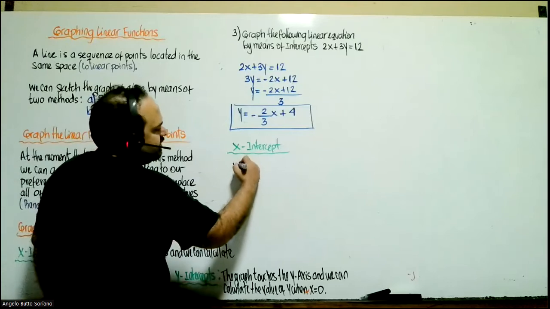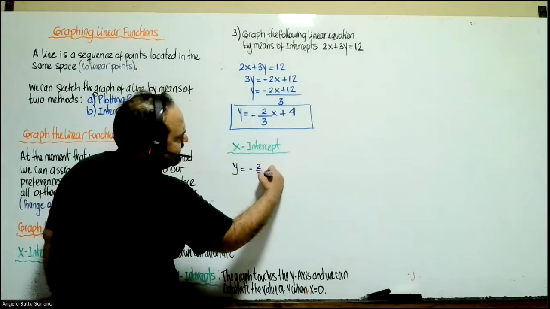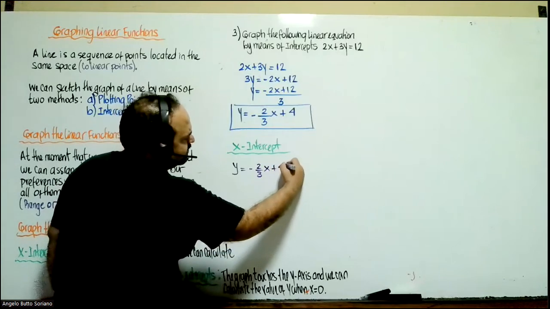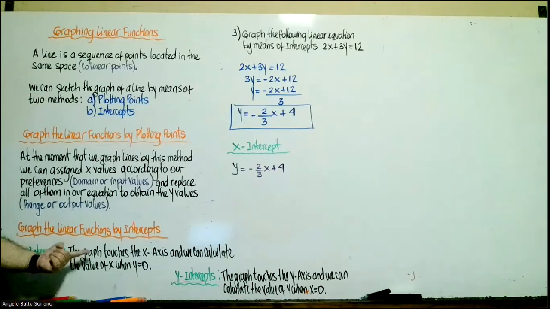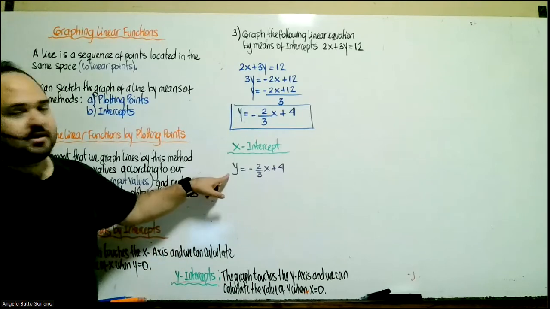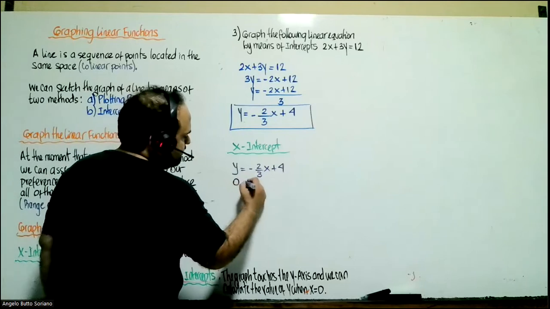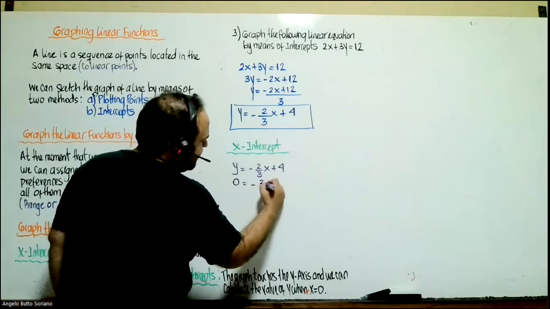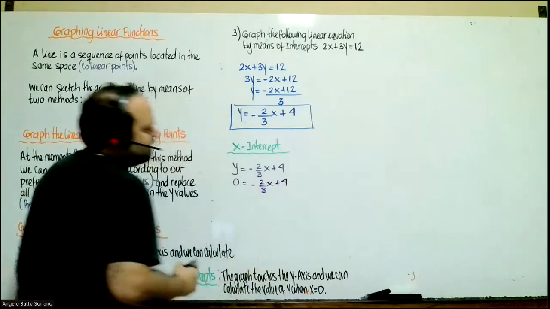So let's copy the equation again: y equals negative 2/3 x plus 4. According to the theory mentioned, the graph touches the x-axis and we can calculate the value of x when y equals 0. So instead of writing y, we change y by 0, equals negative 2/3 x plus 4.